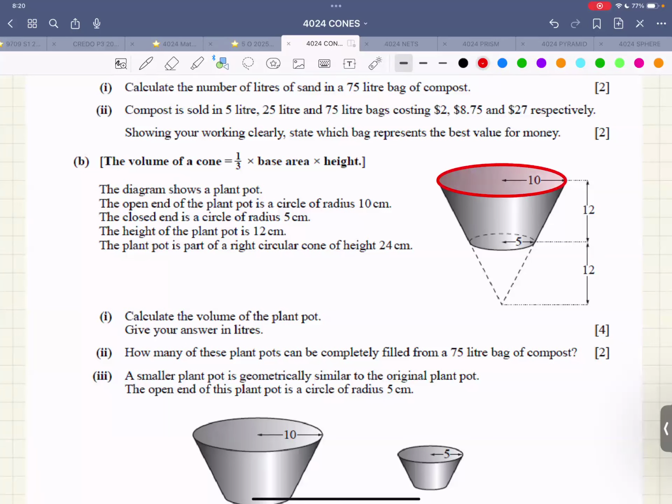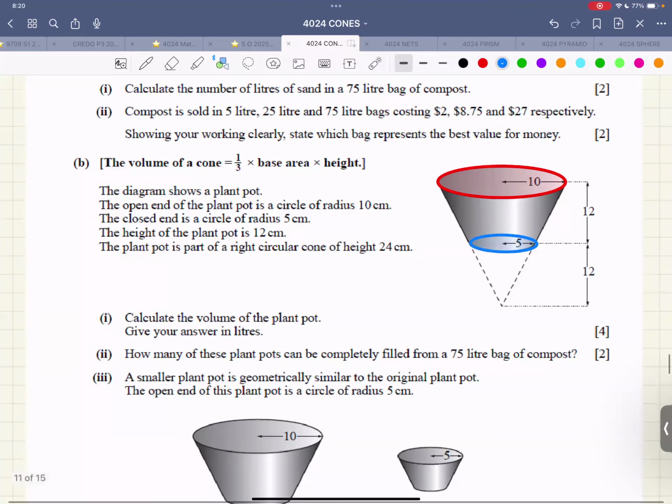That is this thing, and over here I can see this thing, and of course you can also see that thing over here. Let's join it like this. This shape over here is a frustum. That means part of the cone has been chopped off.